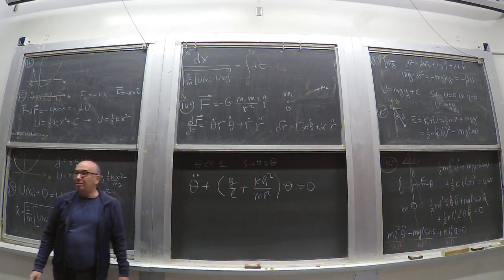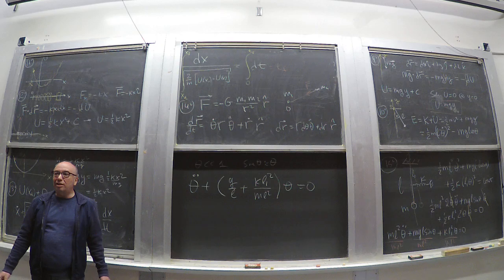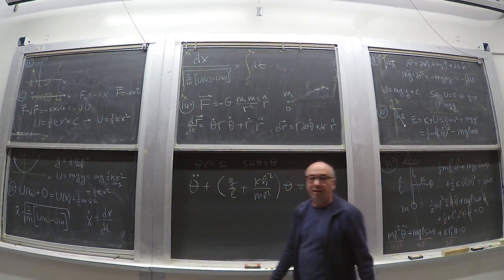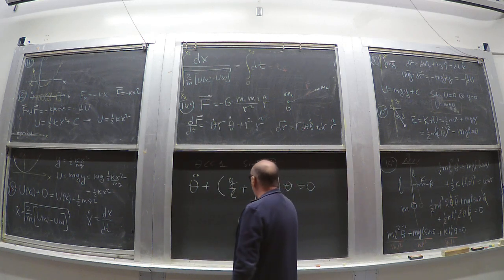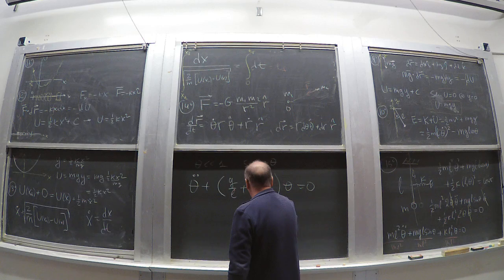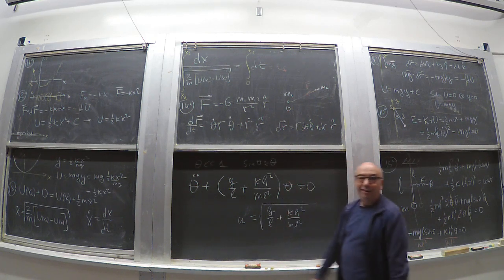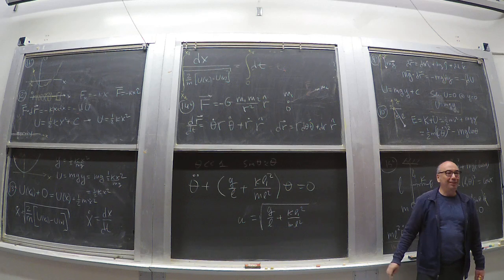Look at that. We almost did no stress of the brain. We didn't think about it, but we got immediately that this is oscillating with omega squared. Let me write omega equal radical of g over L plus k L1 squared over m L squared. We got it for free.